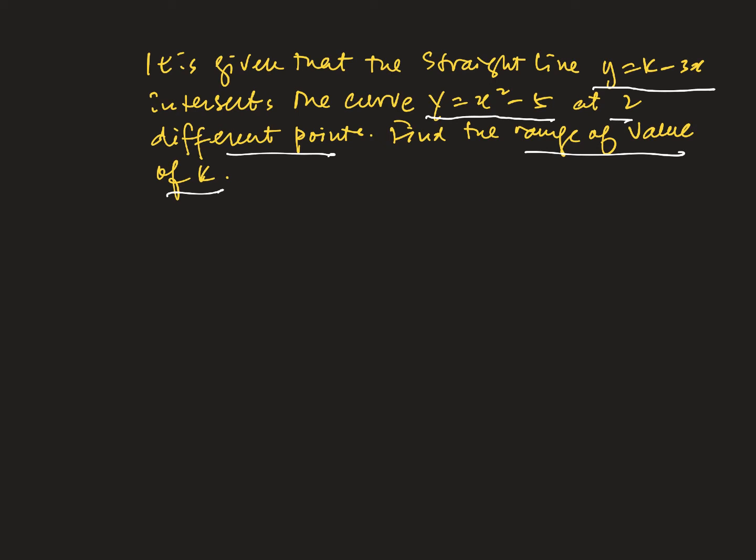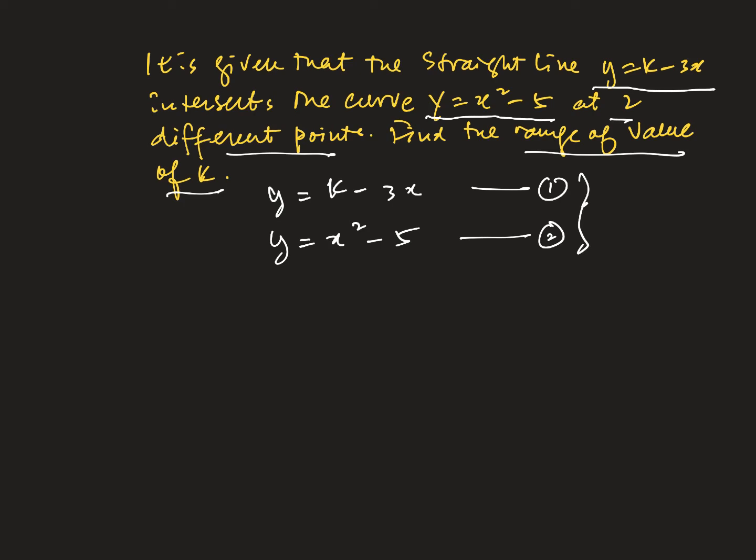So we have two equations here: y equals k minus 3x, let's label it as 1, and the curve y equals x squared minus 5, labeled as 2. To find the intersection points, we have to solve these two equations simultaneously.